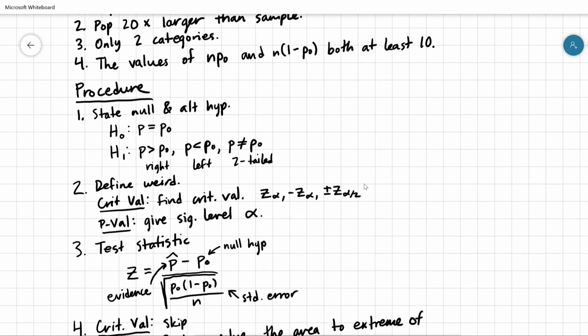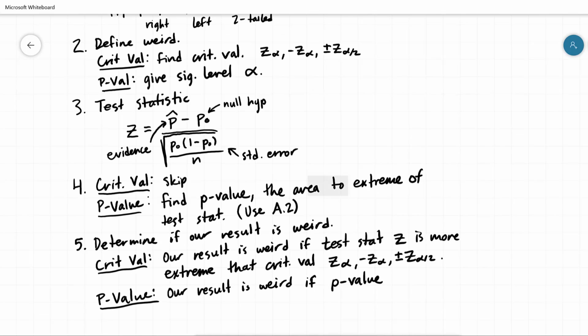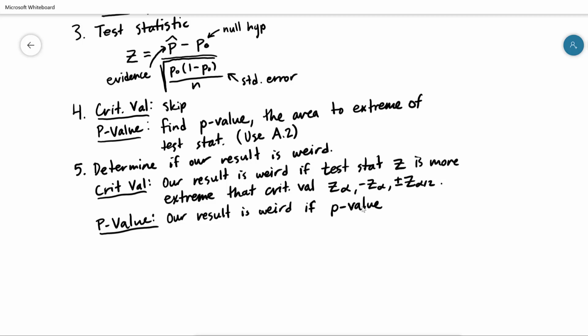You will have seen that on the homework if you've done these. But in these cases, p represents the population proportion, the thing we're trying to predict. So I'm not going to ever use the letter p when I talk about the p-value. I'm just going to write out the full word p-value like this. So our result is weird if the p-value is less than the significance level.